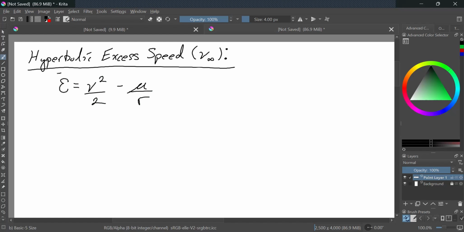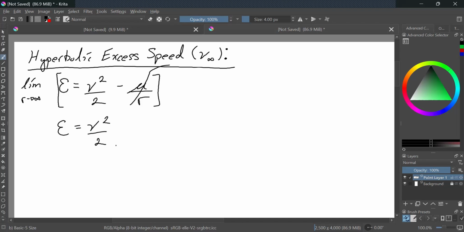And what happens when you take the limit of this equation when your radius gets to an infinite distance? Well, let's take a look. We have our energy is equal to v squared by 2. Any number, regardless of how big it is, divided by infinity becomes 0, which leaves us with only this section of our equation.